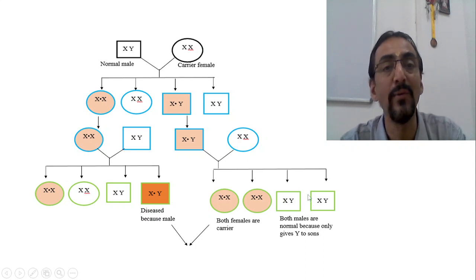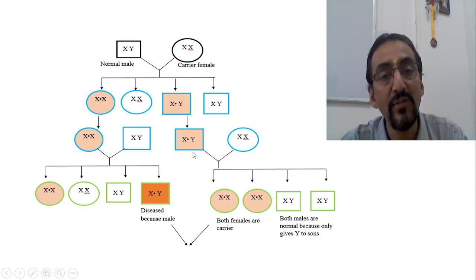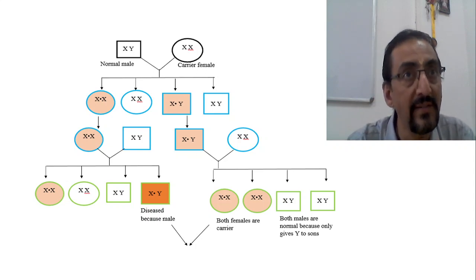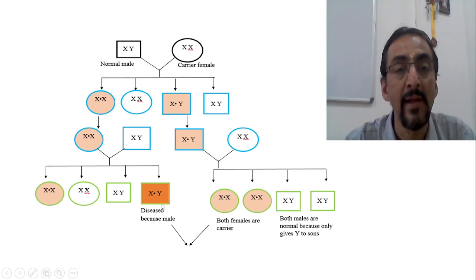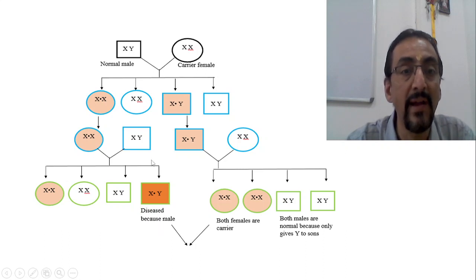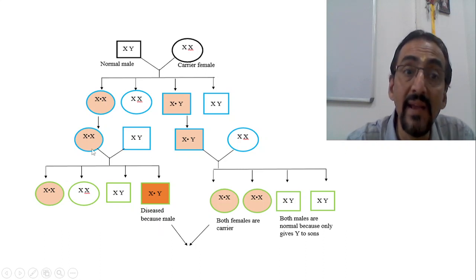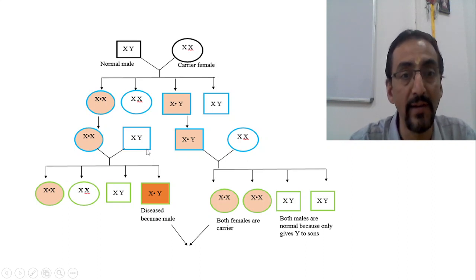So this is another rule. A male always gives the recessive mutant gene of X to daughters only. That is obviously known, and that's the reason. So in this case, the males are more affected when the mother has the carrier gene and she is married to a normal father.